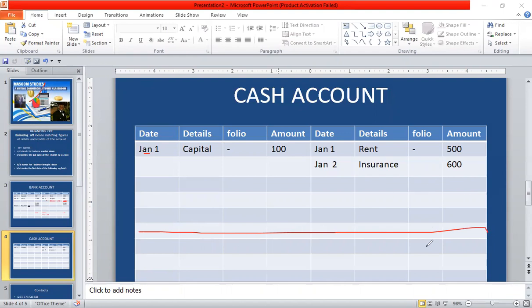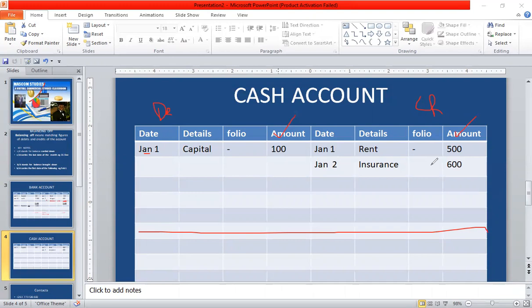What's the idea? We are balancing off, which we said is a process of comparing the amounts appearing on the debit side and the amounts appearing on the credit side. This is our debit, and our right hand side is our credit side. So this is our process of balancing off.